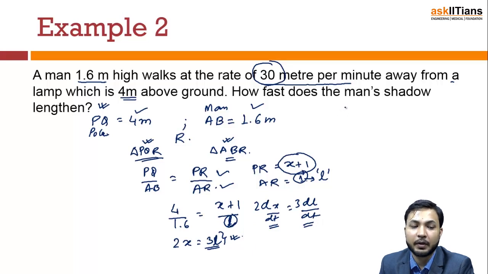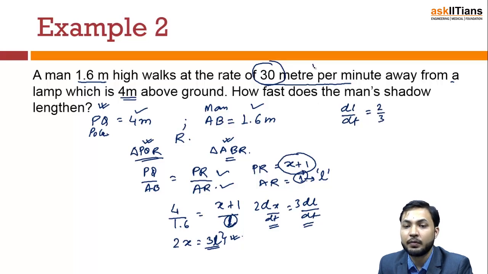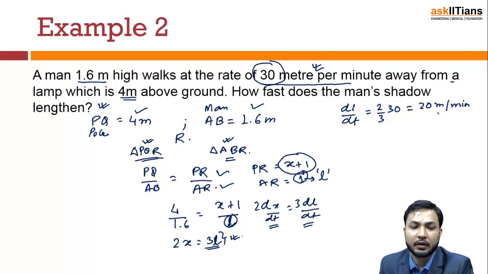I solve it from here. My dL by dt is given to me as 30 meters per minute. If I bring it to standard form, I have to multiply by 2 and 3, so that will give me 20 meters per minute. So this will be the solution for this question.